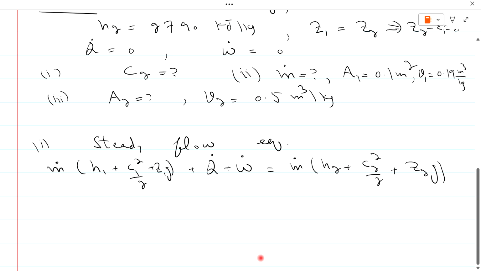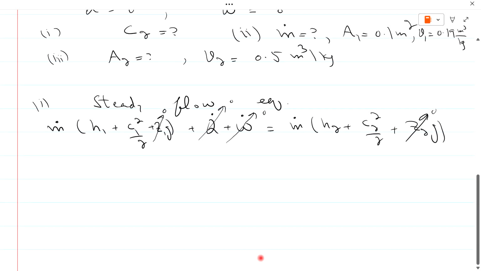Now q dot is 0, no heat loss, and nozzle work is negligible, and z1 and z2 are at the same level. Z1 is equal to Z2, so Z2 minus Z1 is equal to 0. If I write Z1g to the right side, we get Z2 minus Z1 into g, and Z2 minus Z1 is 0, so this term will be equal to 0. So the equation is m dot (h1 plus c1 square by 2) is equal to m dot (h2 plus c2 square by 2).